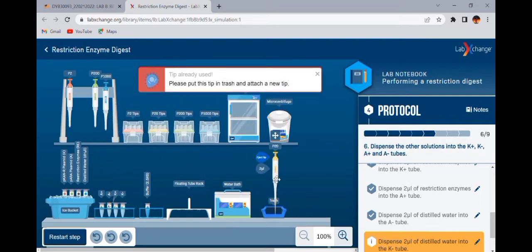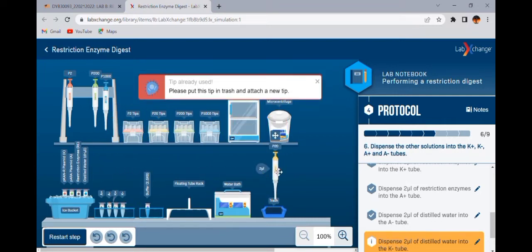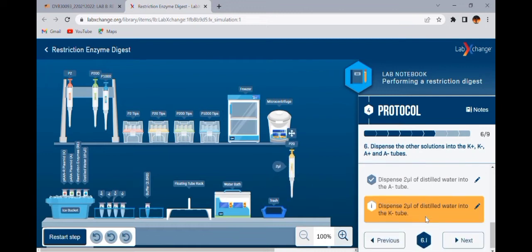And dispense 2 microliter of distilled water into the K minus tube.